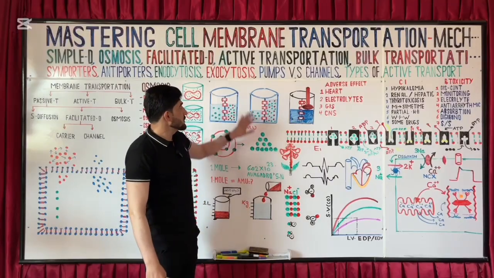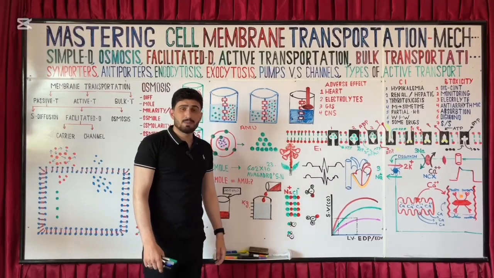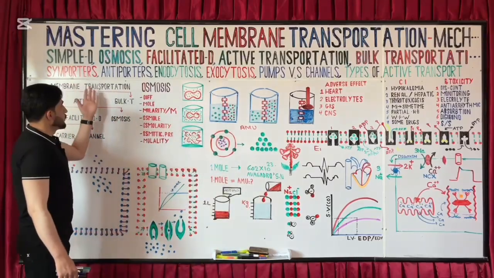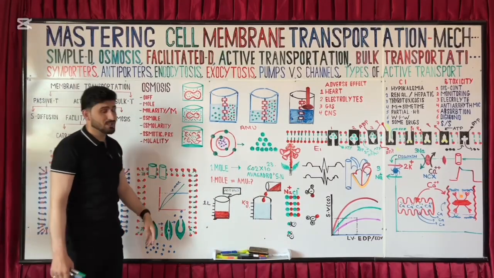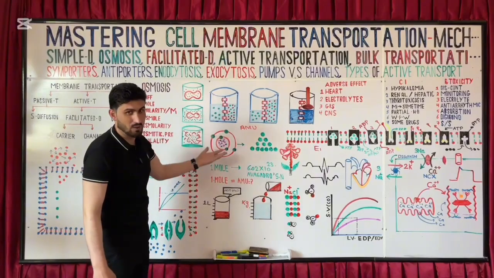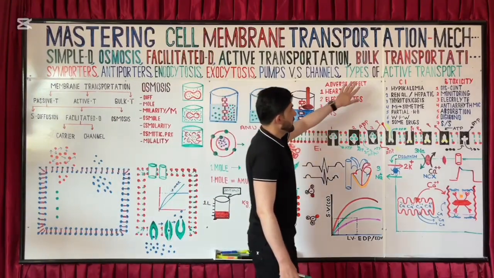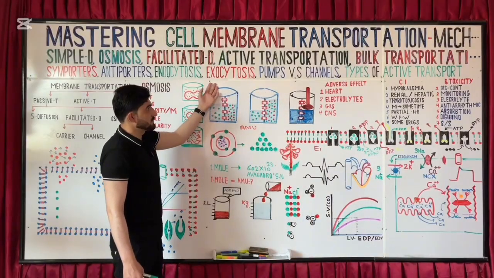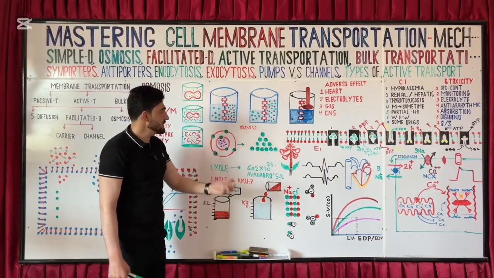And also, I'm going to talk about active cell membrane transportation and its subtypes, for example, symporters, antiporters, primary active cell membrane transportation, secondary active cell membrane transportation, and so on. And then I'm going to talk about bulk transportation and its subtypes, for example, exocytosis, endocytosis, and so on.